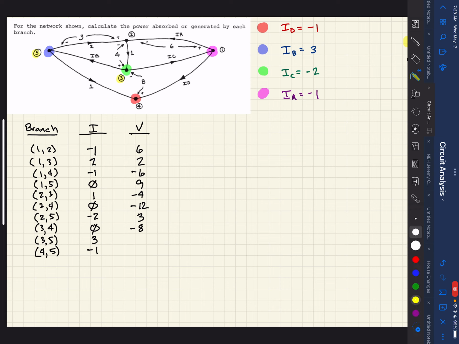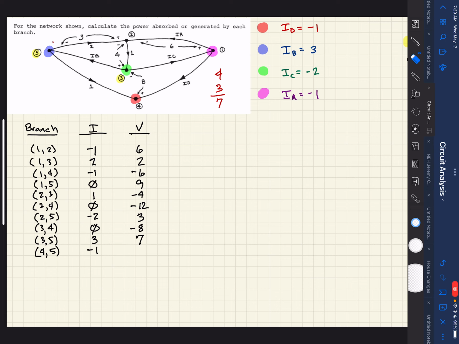So between 3 and 5, again, we don't have direct information on that one, but we can find a path. So if we go this way, that's going to be a +4 because we have a plus sign first, and then we go from here to here. That gets us to 5, and that's a +3. So that total is 7. So then we'll put a 7 here.